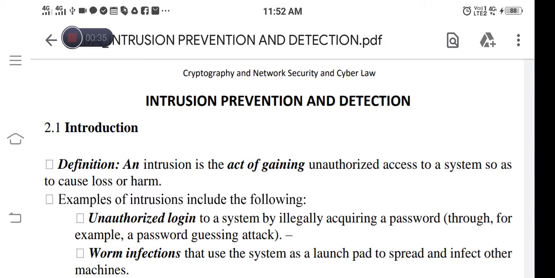We have completed 3 chapters from module 4, and now I am starting chapter 4 of module 4, that is intrusion prevention and detection.